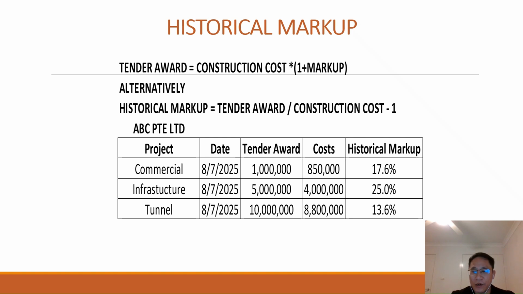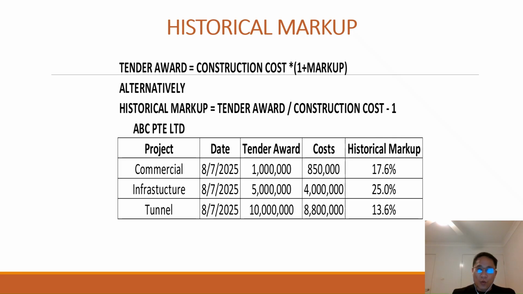Construction cost is our construction cost, because we are unable to know the construction cost of the client or the other competitors. So we will use our construction cost, and we will have the historical markup accordingly.